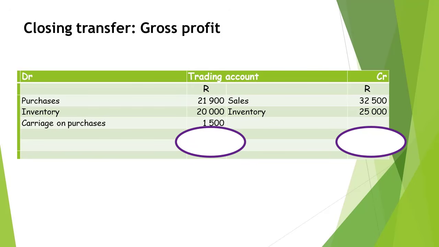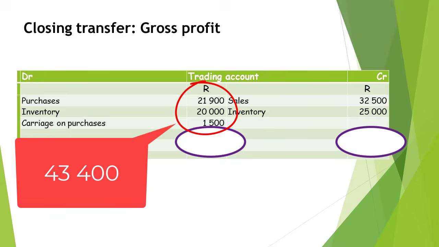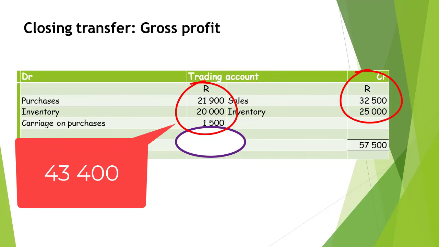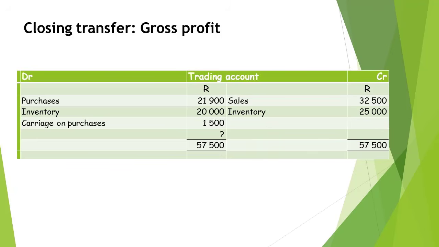The next step now is to calculate the total of the debit side and the total of the credit side. After adding the amounts on the debit side, the total is 43,400 Rand. The total of the credit side amounts to 57,500 Rand. We now write the largest of the two totals on the debit and credit side.